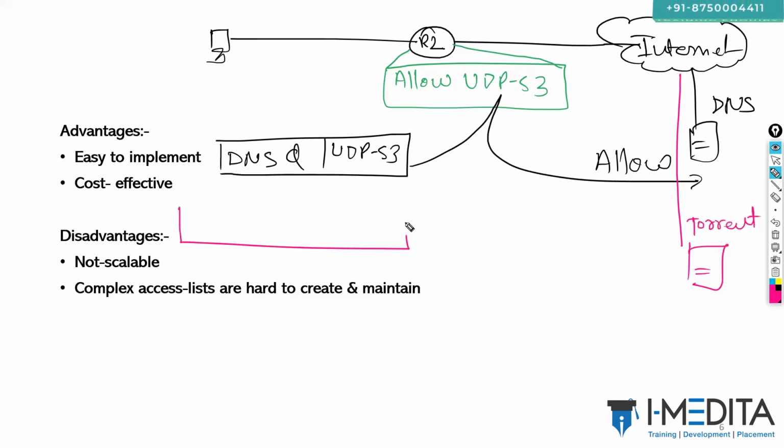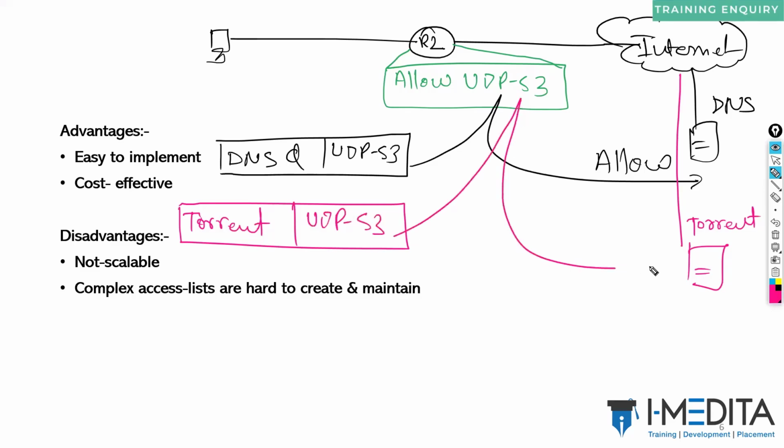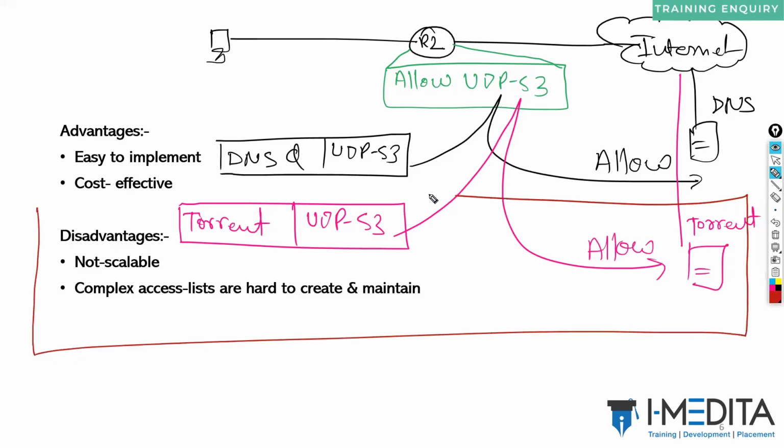This torrent client will send torrent data encapsulated under port 53, so using ACL, torrent is also allowed here. Now the question is, we can't deny this traffic at the port number.